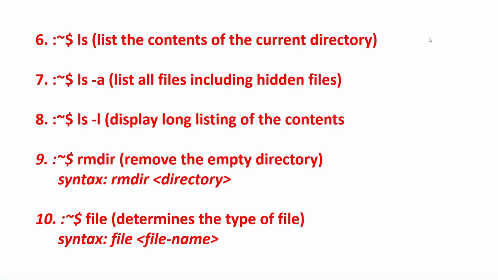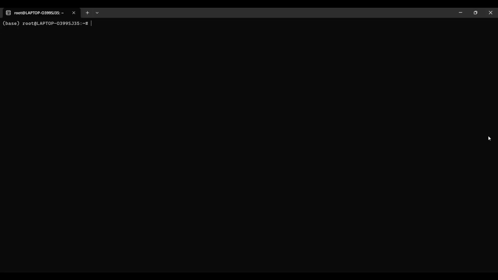So without wasting time, we can see the actual scenario when we type into our WSL Linux system. Here is my Linux WSL, Windows Subsystem for Linux system. On this screen, you can see the simple commands that we learned in our presentation.